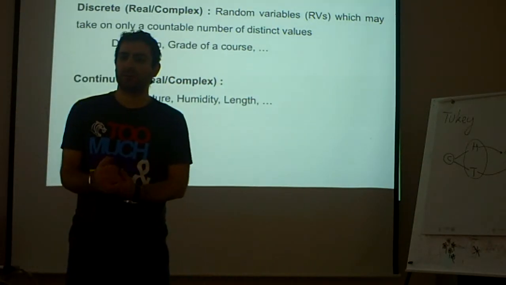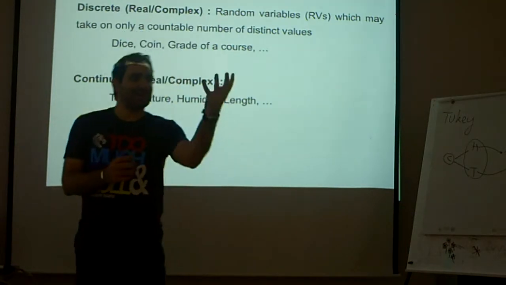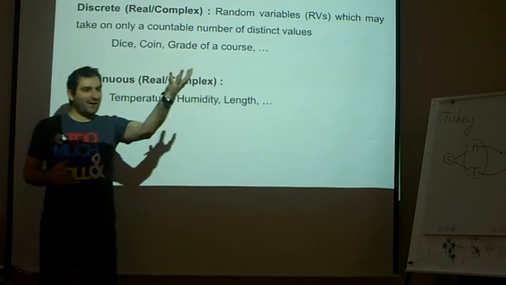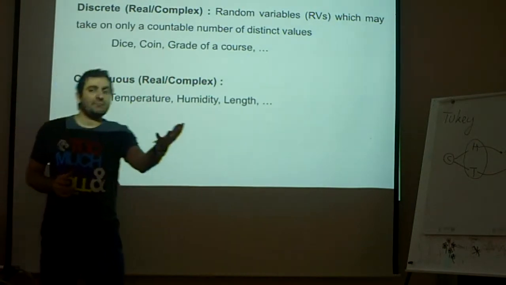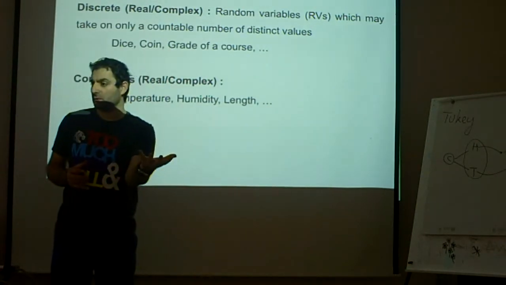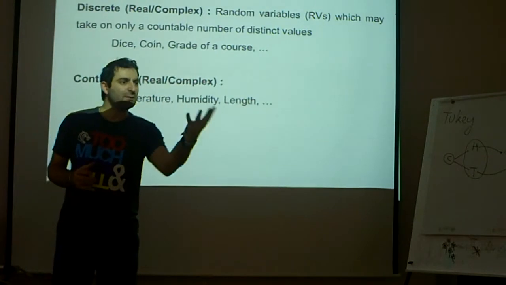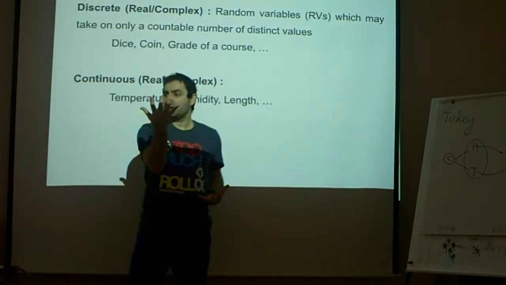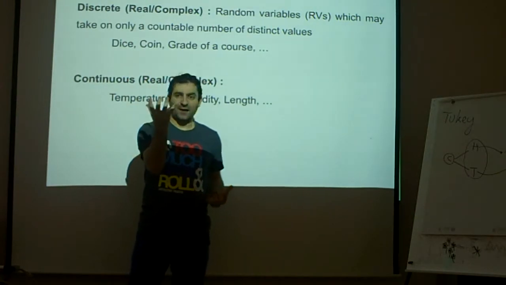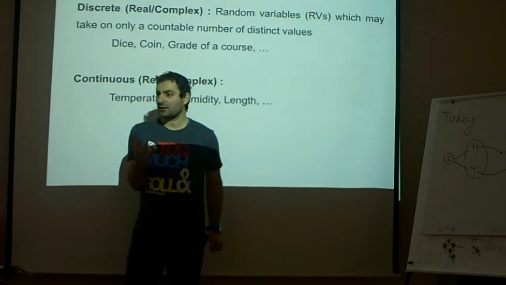When it has a finite number of values. Yes, if we have a finite number of values, then we call it discrete. This finite can be 1 billion, but we can count it. 1 billion is a number which we can count. But if we cannot count it, if the number of elements is infinite, then we can consider it continuous.